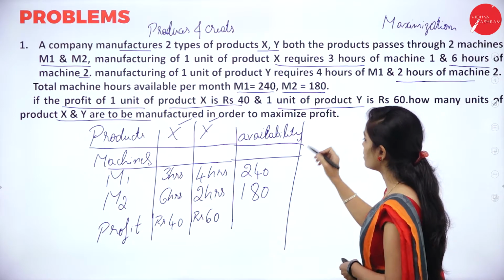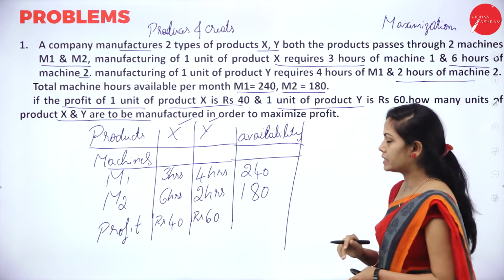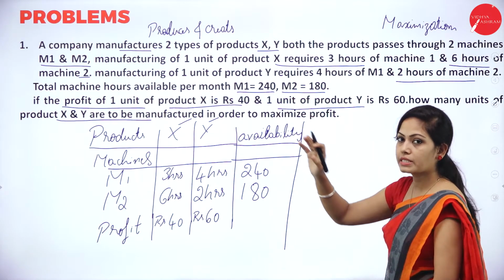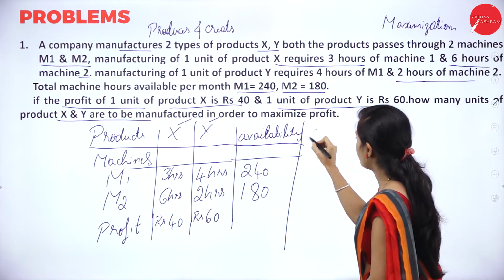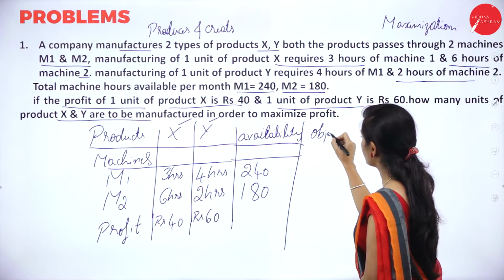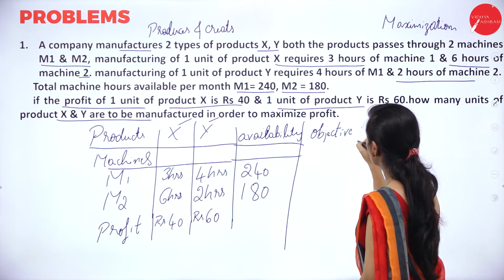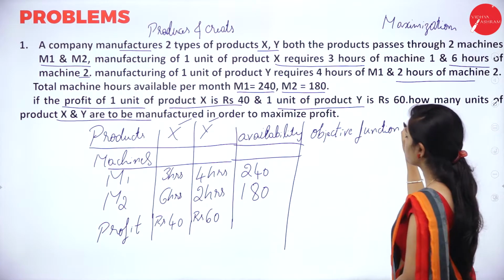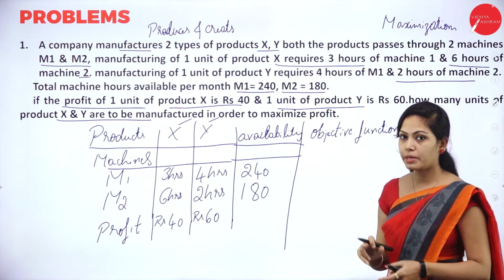So first I will write the products details. Here the company manufactures two products, that is X and Y. Now I will write the objective function. This problem is on maximization.